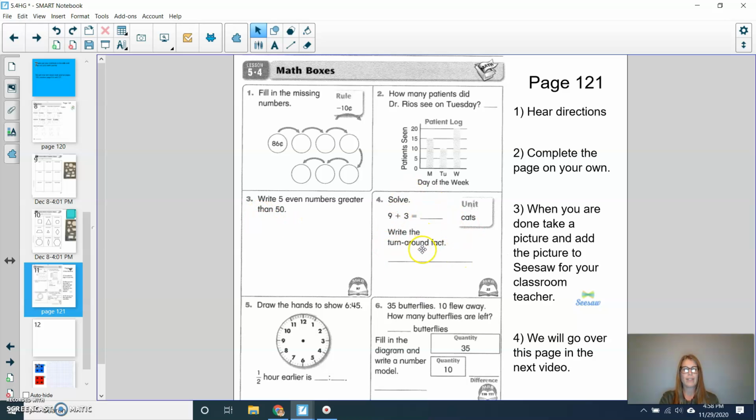Solve for number 4 and then tell me the turnaround fact. For number 5, draw the hands to show 6:45 and then tell me what time that would be a half hour earlier. And then for question 6, there's 35 butterflies, 10 flew away. How many butterflies are left? Notice how they filled in part of the diagram for you, so you just need to solve and write down the number model. All right, I will see you next time.